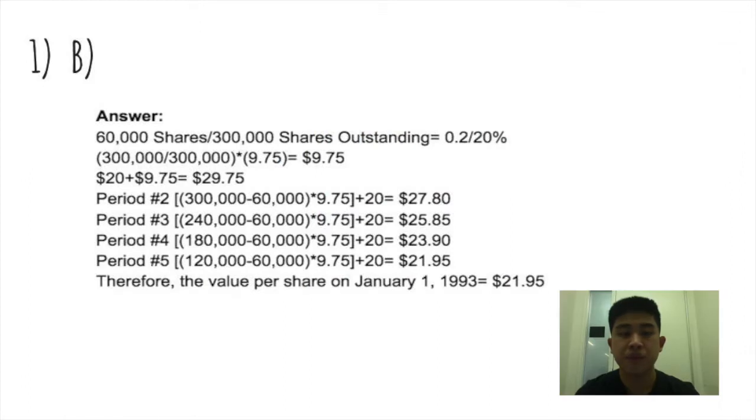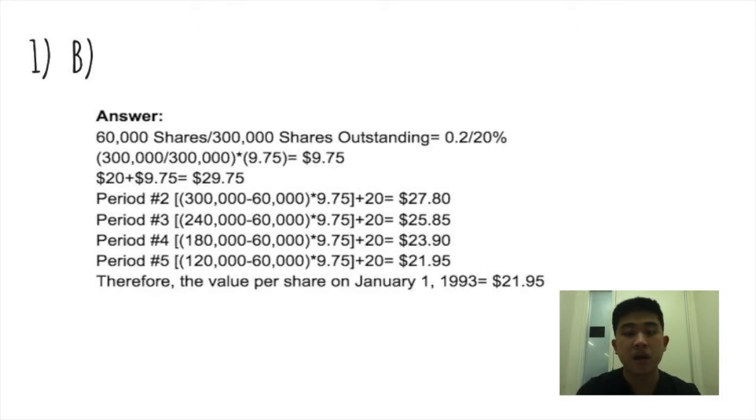Question 1B. Given the data from the question, in order to determine the current value per share, I first begin with using 60,000 shares over 300,000 shares outstanding to obtain 0.2, or 20%, which I multiply by my par value, $100, to get $20.